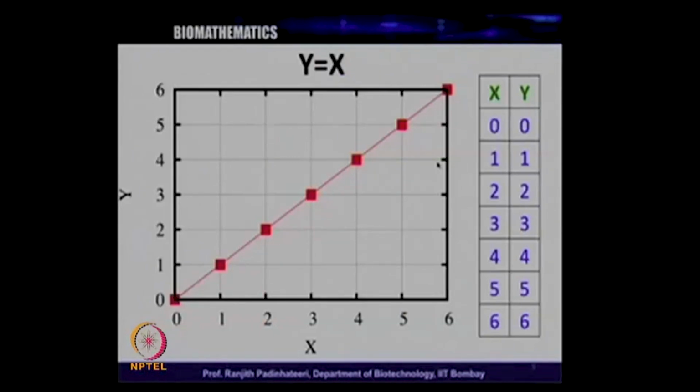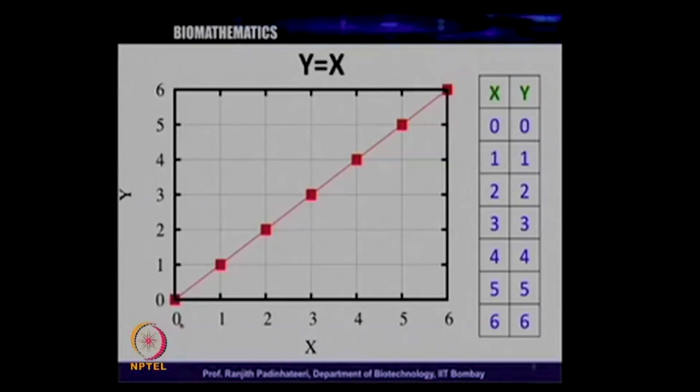See the graph we have plotted here. In the x axis we have x, which is 0, 1, 2, 3, 4, 5 and 6. In the y axis again we have y values 0, 1, 2, 3, 4, 5 and 6. The red filled squares are the points corresponding to these values.